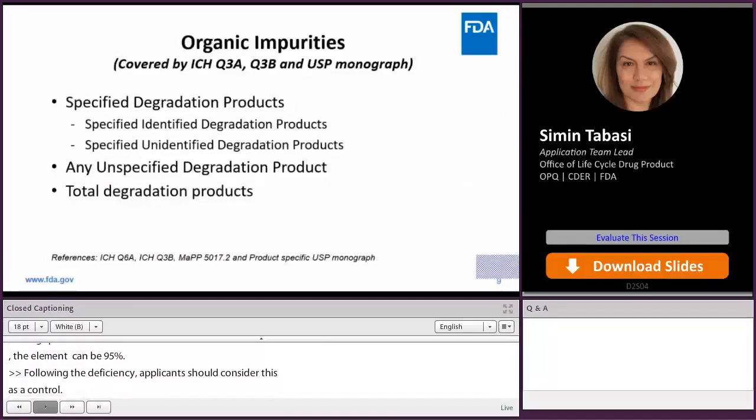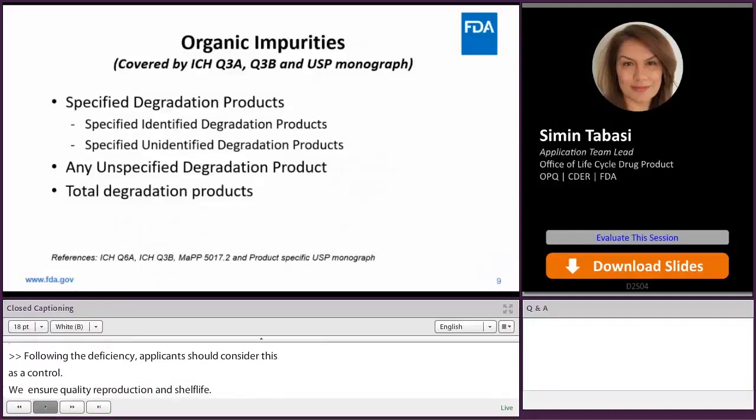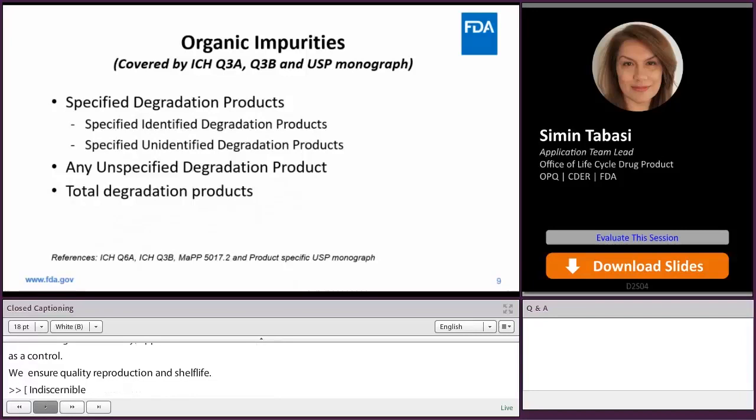In this section, the product specification may include the following list of impurities: specified identified, specified unidentified, any unspecified degradation products, and also total degradation products. Degradation products which should be controlled in drug product specification are: first, metabolites, for which evaluation of pharm tox, clinical, etc. is required.